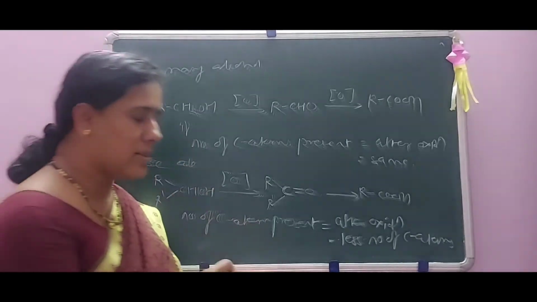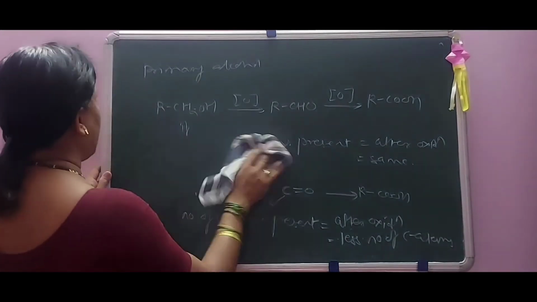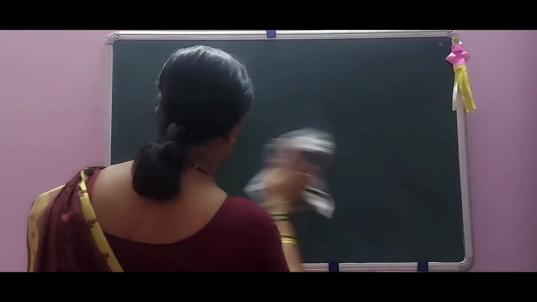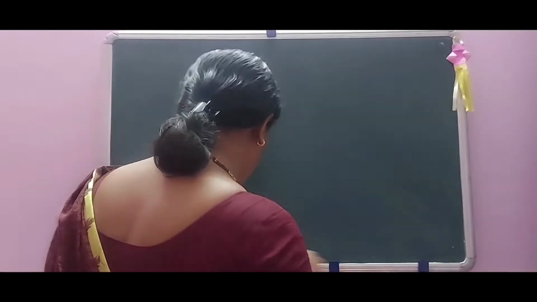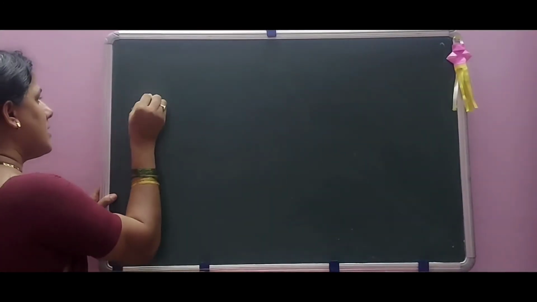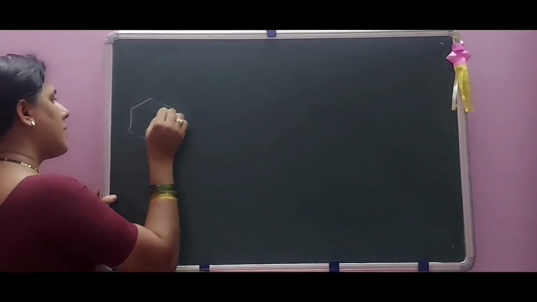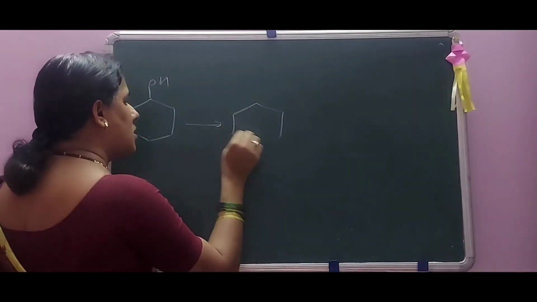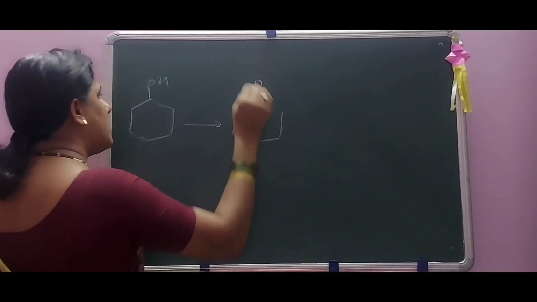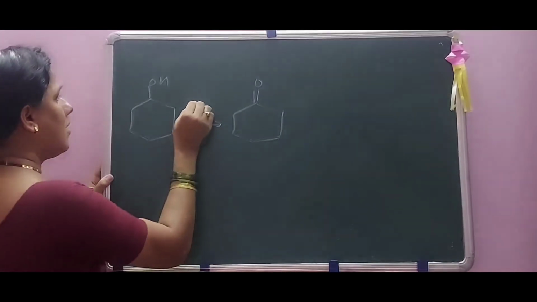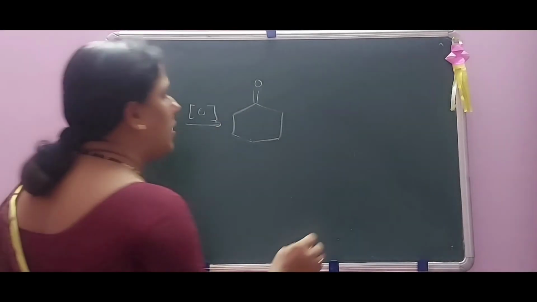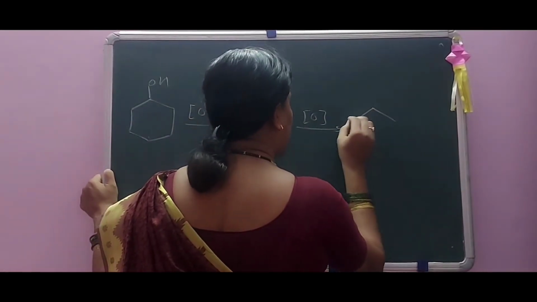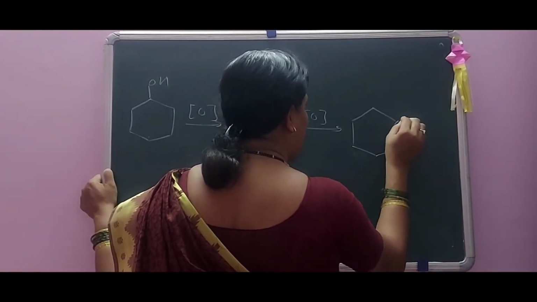Now by taking the example of a compound called cyclohexanol, on oxidation it gives a ketone, which on further oxidation gives rise to a dicarboxylic acid.